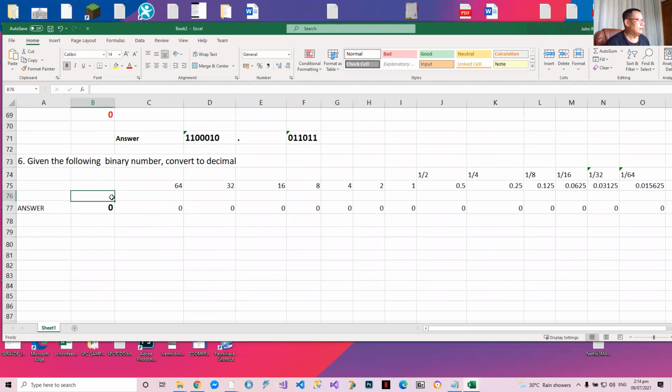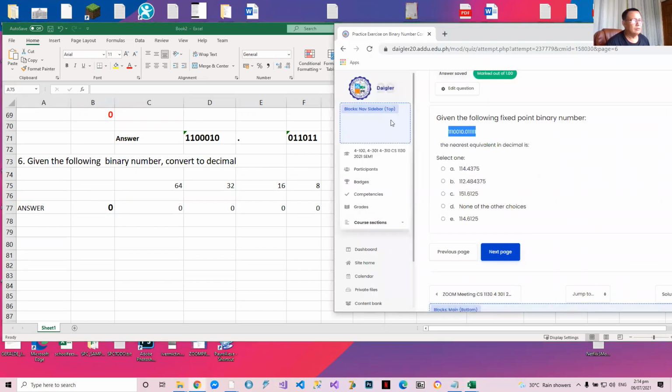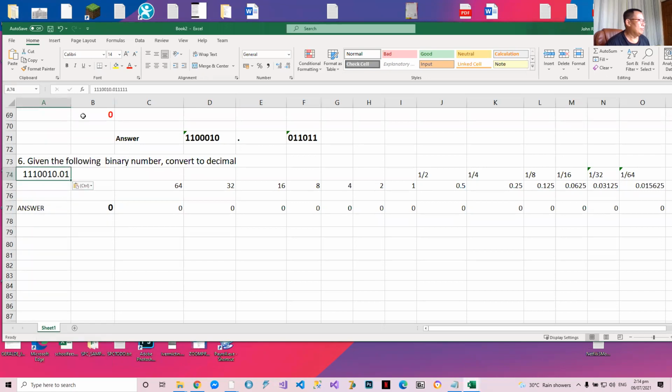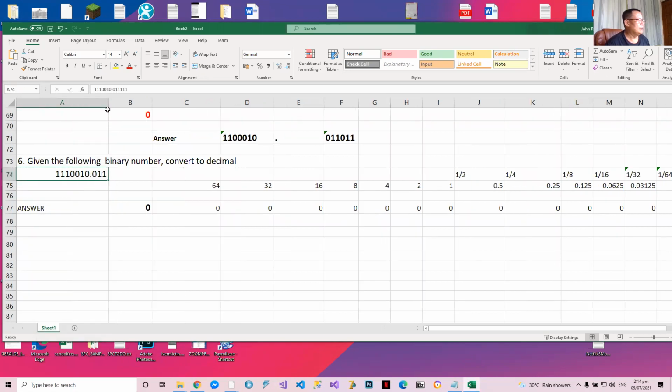And the value that we need to convert, we'll just copy it here.